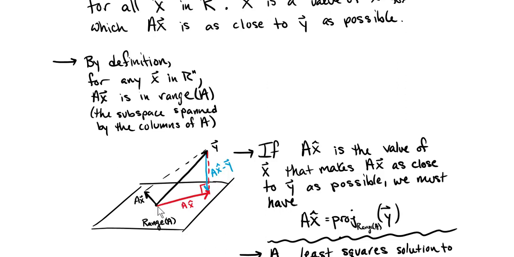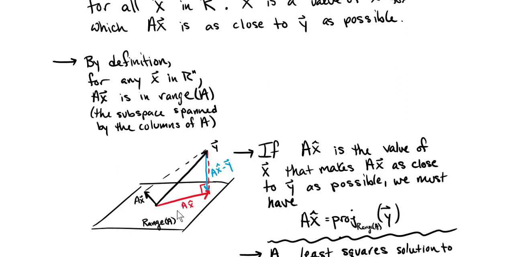So we're saying, there's lots of vectors X such that AX is in this range. This black vector over here, this short one, that's one of them. But what I want is what I've indicated in red here, the vector AX hat, so that AX hat is the closest thing in this range of A to the Y vector we really wanted.